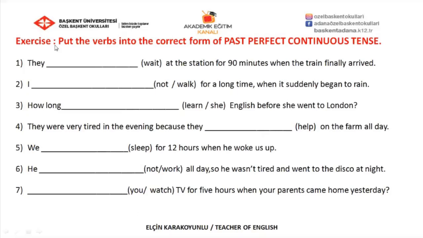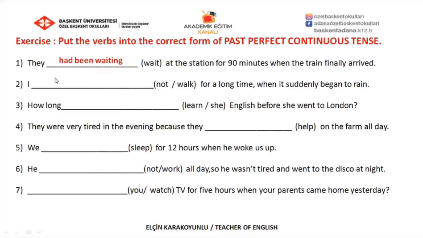As you see, this sentence starts with the subject, and we have a verb here. So it seems to be a positive sentence. So the correct answer is they had been waiting at the station for 90 minutes when the train finally arrived.